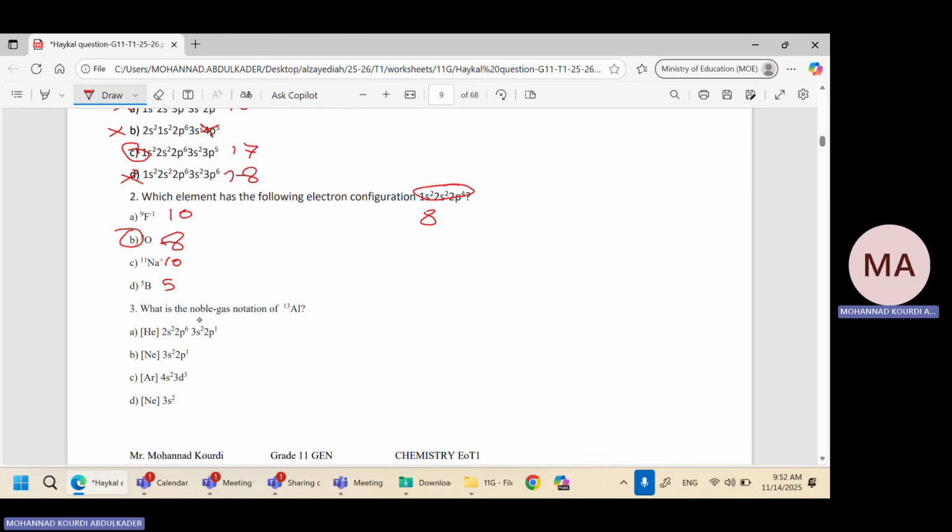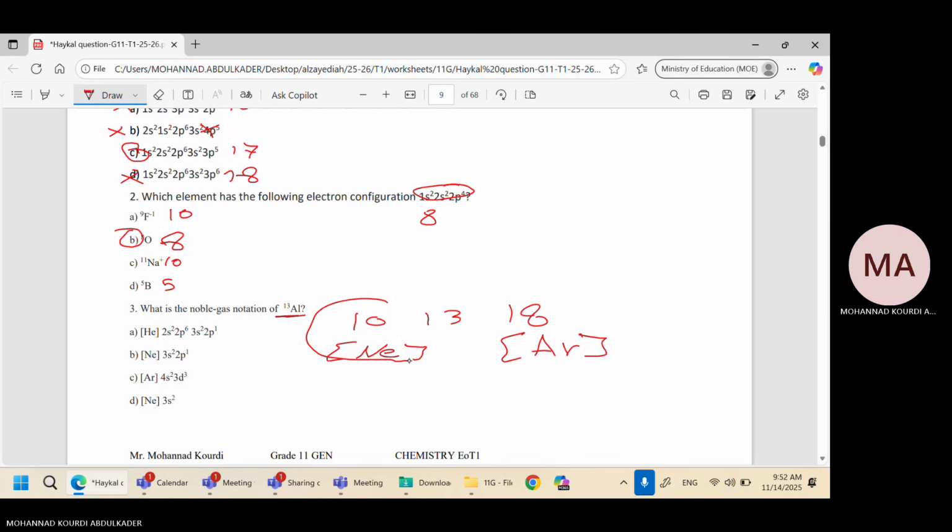What is the noble gas notation of Al 13? So 13 is in between 10, which corresponds to Ne, and 18. To make this shortcut, you have to deal with the lowest number, which is 10. So I need to start with Ne.